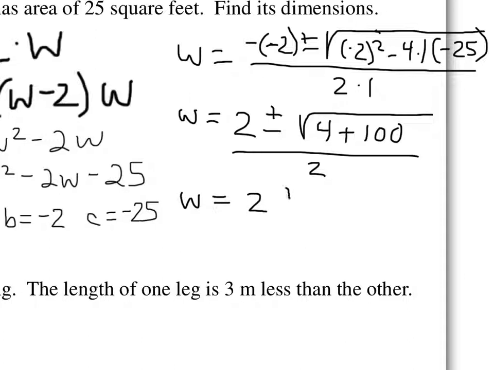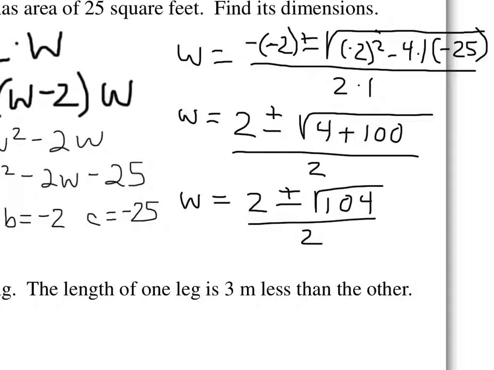So that's 2 plus or minus the square root of 104 over 2. For our application problems, it's really helpful to have a number, so let's round it off to 3 decimal places. So it looks like we have 2 potential answers here.